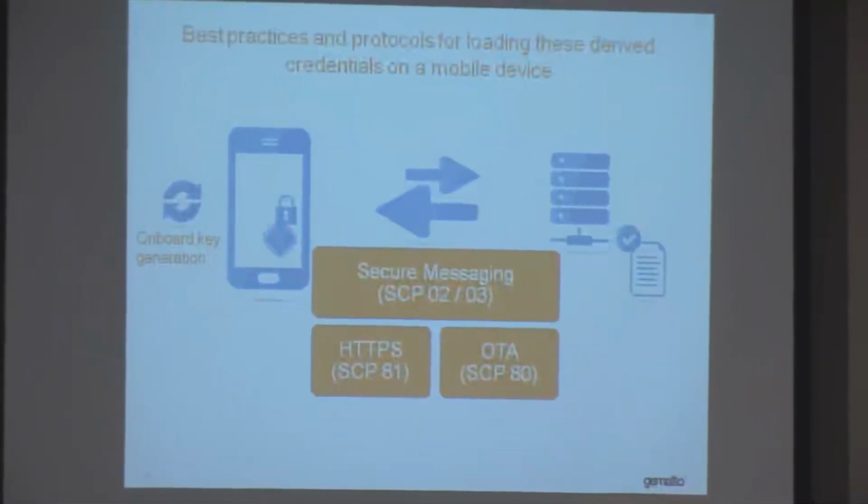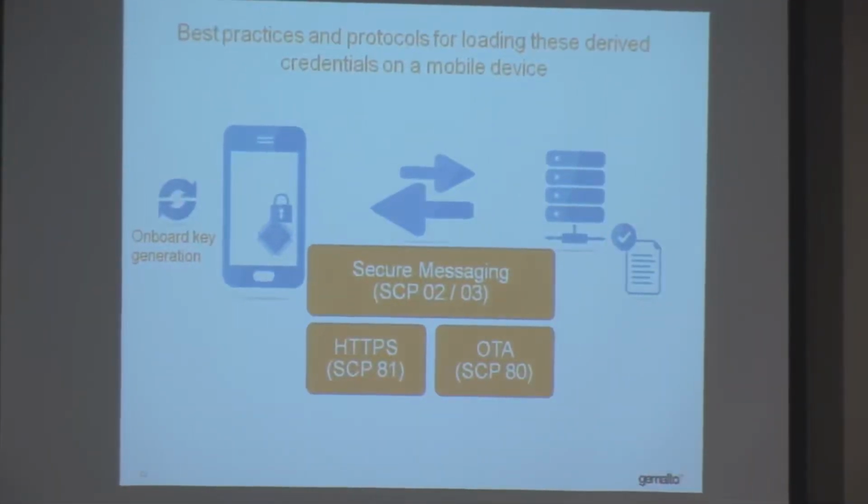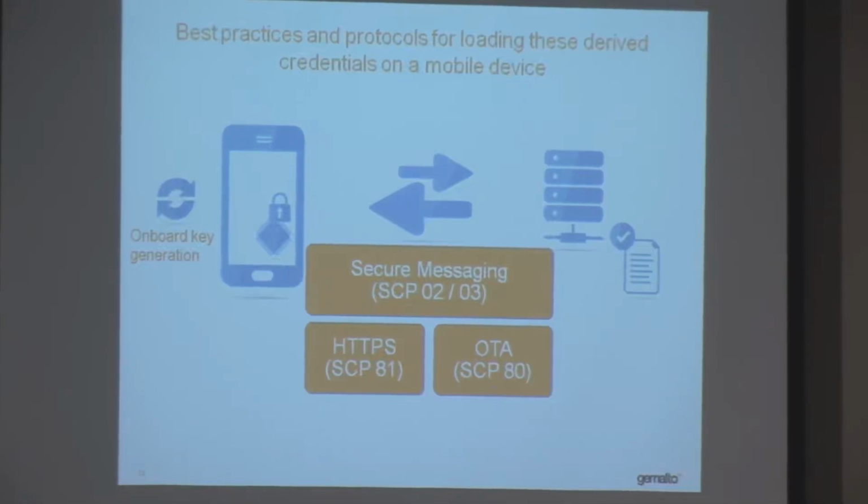Now that we've seen where we can store them, let's look at a couple of examples of protocols and ways to secure the loading of those credentials onto the secure element. The transport mechanism can be based on HTTPS or OTA. OTA stands for over the air.